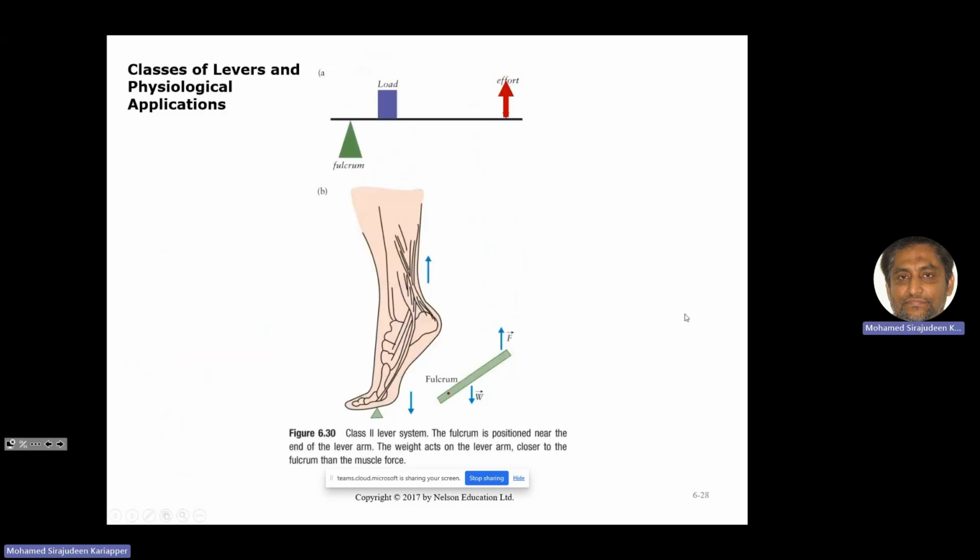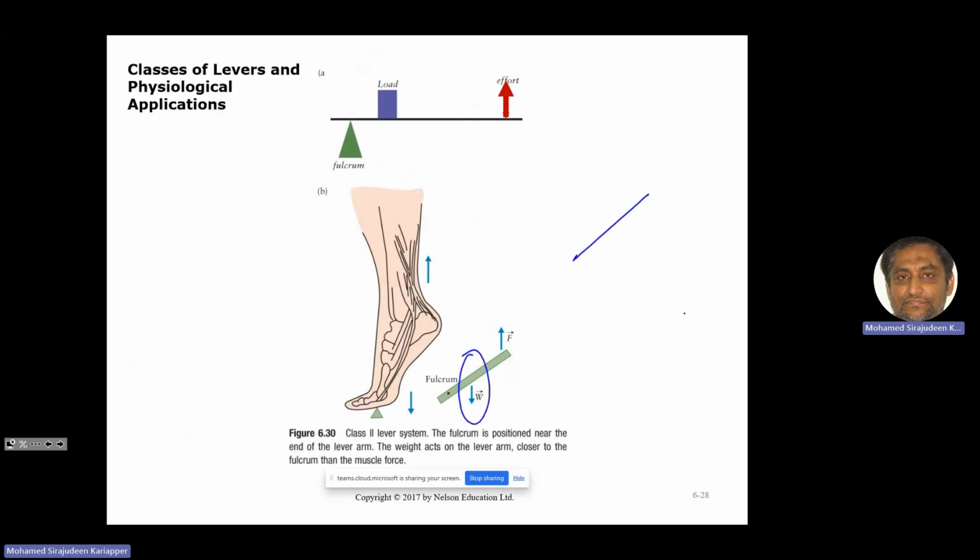This is another one. That is, you are on tiptoe. When you do that, the support is here. That means the fulcrum is at one of the ends. It doesn't matter which end. Again, what you should look at is who is in the middle. So don't worry about who is at the end or what the fulcrum is doing. You just look at who is in the middle.